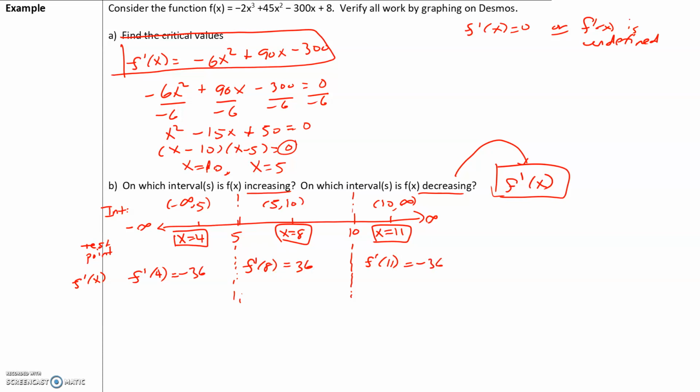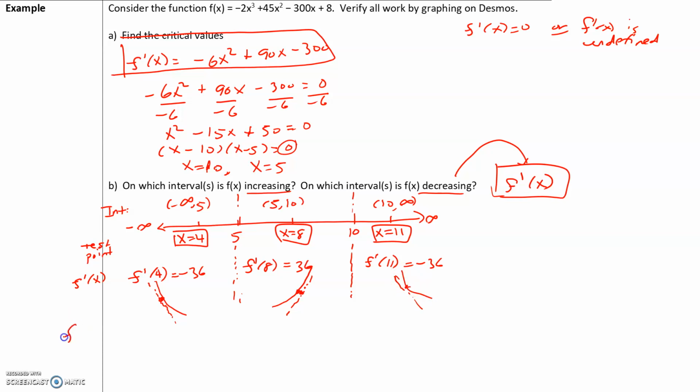Because the first derivative, which is the slope at 4, is negative, here's what's happening. The slope of the tangent line is negative, which means the function is going to be decreasing. Here, the slope of the tangent line at x equals 8 is positive, which means the function is increasing. Here, the slope of the tangent line is negative, so once again, the function is decreasing.